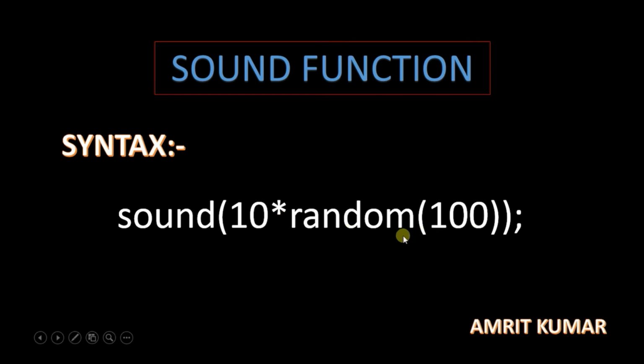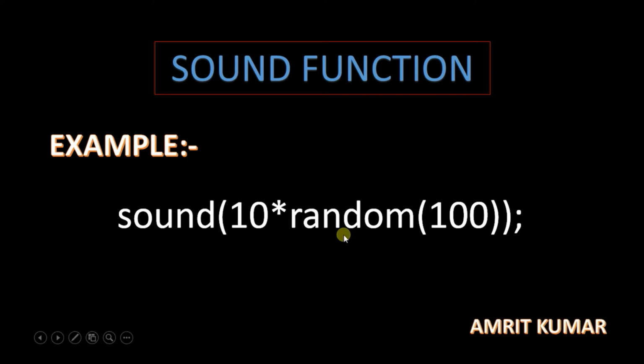Random means anything which repeats randomly. This function repeats randomly into 10, and that is going to give us the sound. So it will create a sound randomly, like a gaming sound.